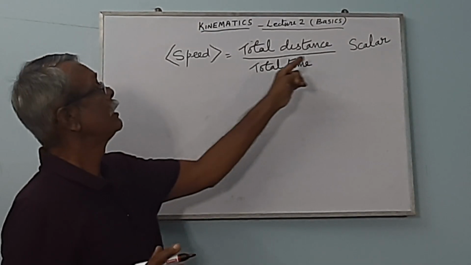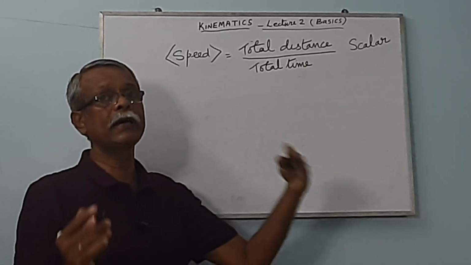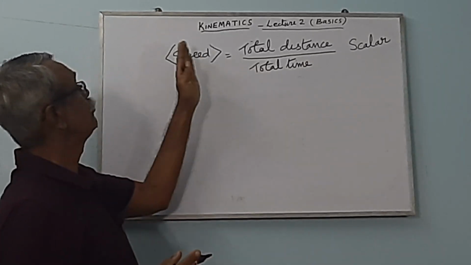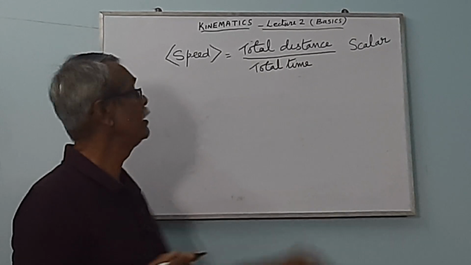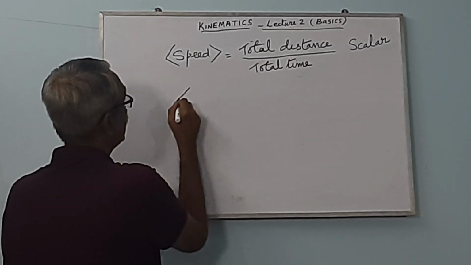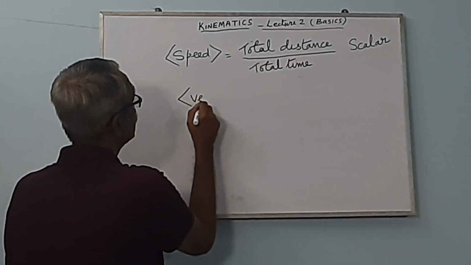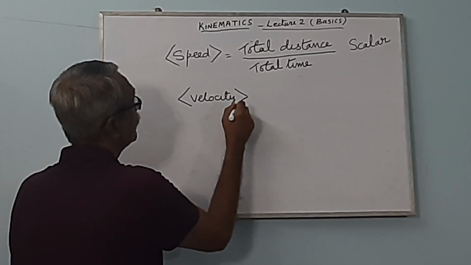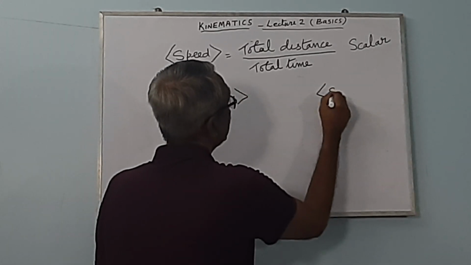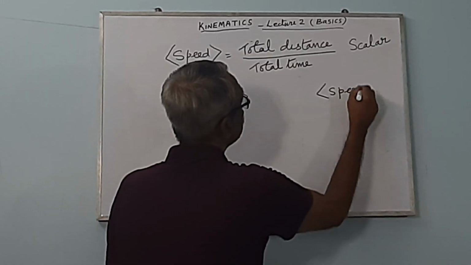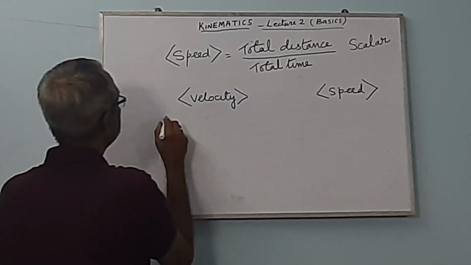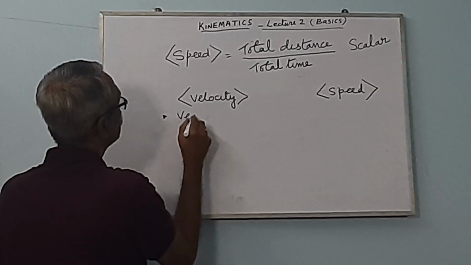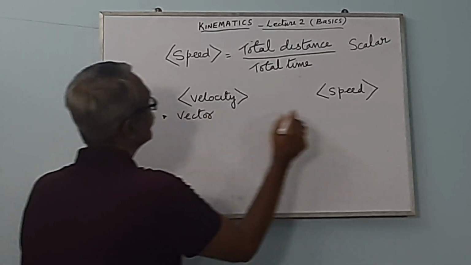Now we compare the average speed and average velocity. Here we have average velocity. Here we have average speed. This is a vector. This is a scalar.